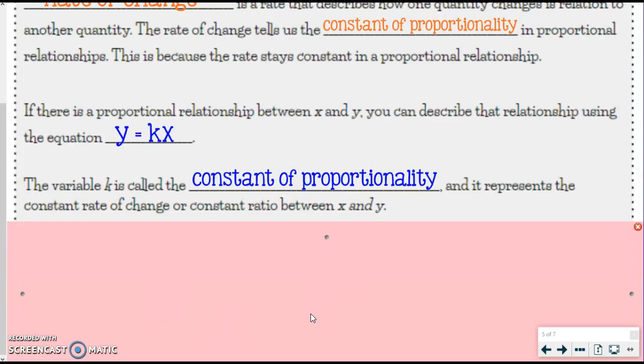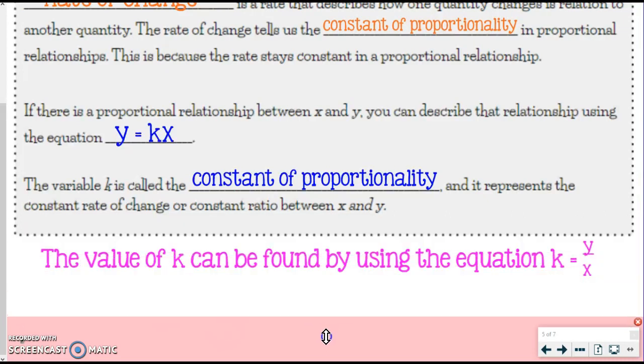And usually it's fairly easy to see, but sometimes it's not. And so here is a neat trick, and I already kind of told you this in the last video. To find the number for the constant of proportionality, the value of k, that can be found by using the equation k equals y over x, which really just means you're taking y divided by x.